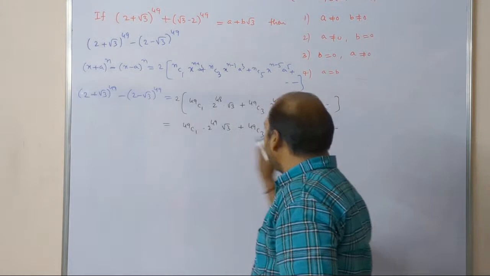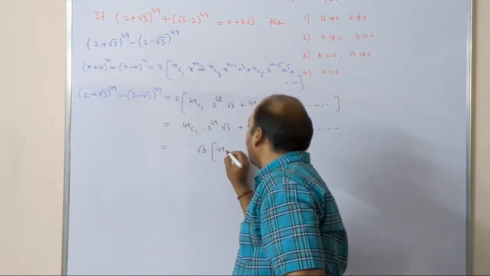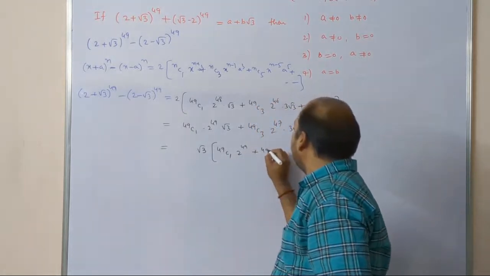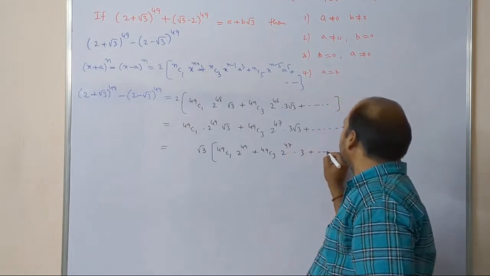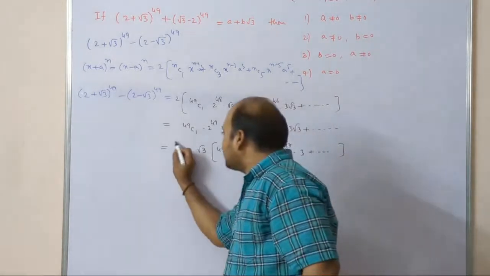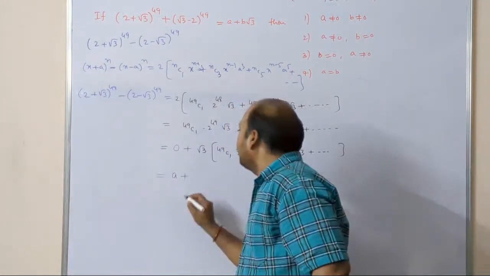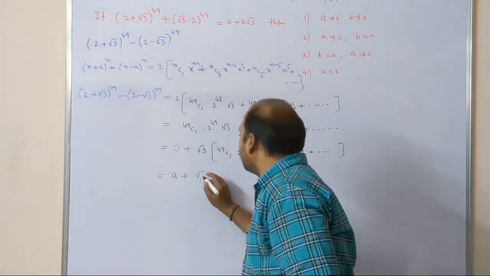In every term root 3 will be common now. So if you take root 3 out common: 49C1 2 power 49 plus 49C3 2 power 47 into 3 plus and so on. Anyway, the constant is not there, it is 0 plus this value. This you have to compare with a plus root 3 b according to the question.